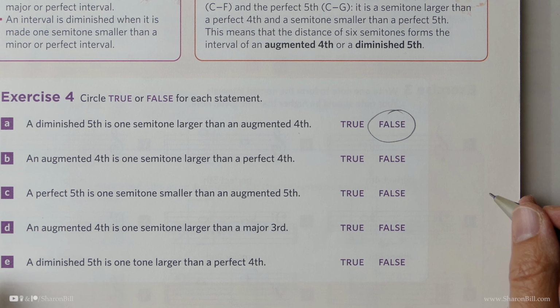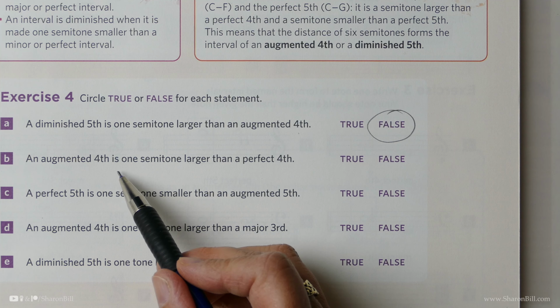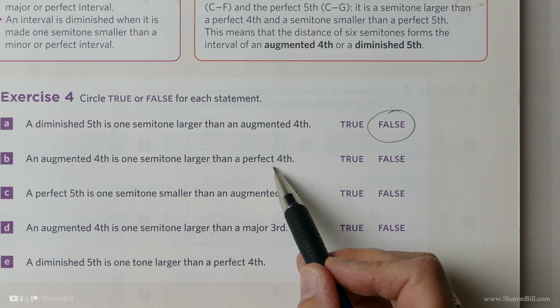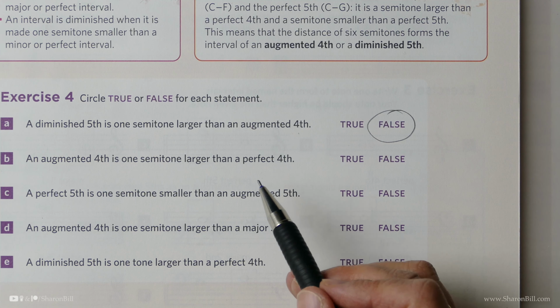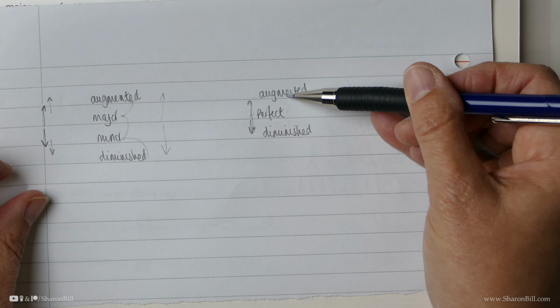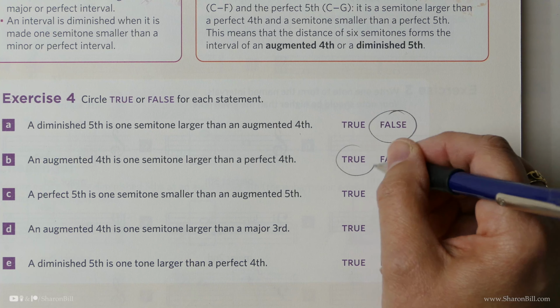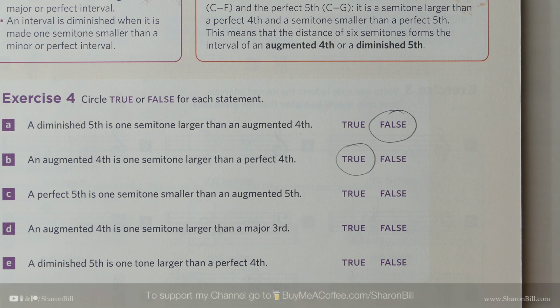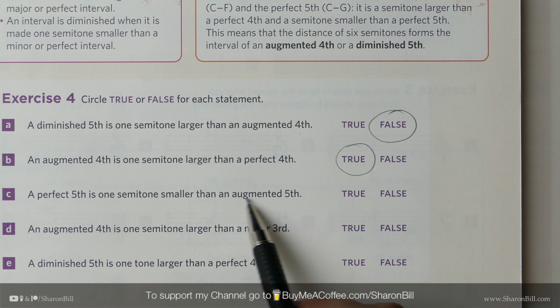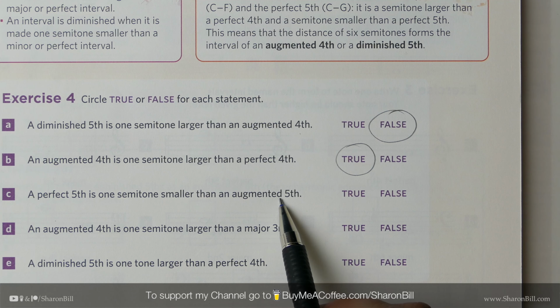Is it true or is it false that an augmented fourth is one semitone larger than a perfect fourth? Well, we've just seen that, haven't we? A perfect interval raised becomes augmented. And so that's true. Is it true that a perfect fifth is one semitone smaller than an augmented fifth?